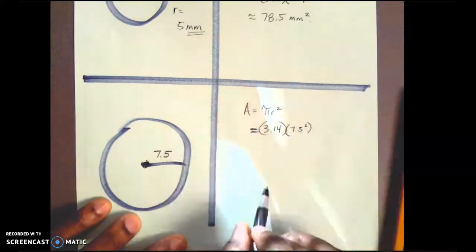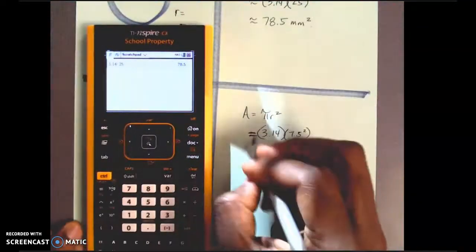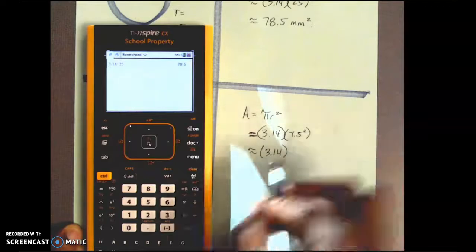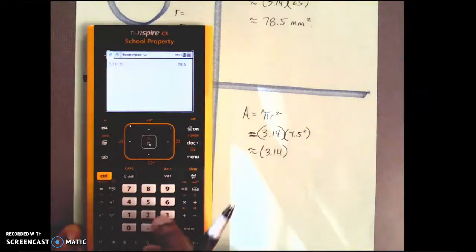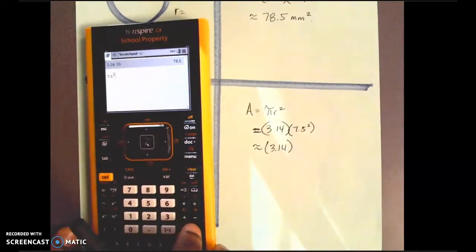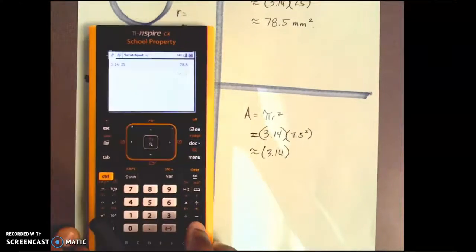In this case, it's not going to be quite as easy as 5 squared. So I'm going to use my calculator, and I'm going to approximate my value, 3.14. I'll use 7.5, and on my calculator I'm going to use the squared symbol. If you notice here, it gives me 7.5 squared. Hit enter, and that answer is going to be 56.25.